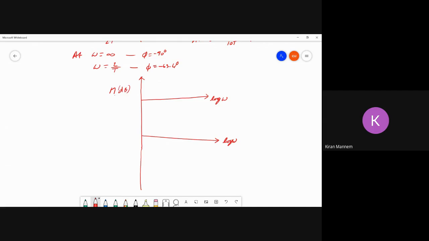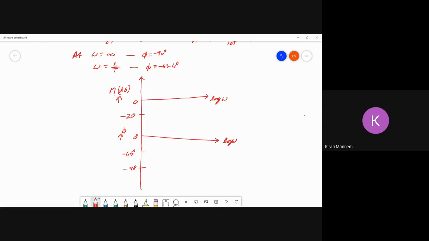Let me say it is minus 20 dB, since it is minus 20 dB per decade. And here I'll take 0 degrees, then minus 45 and minus 90 degrees, since we got minus 45 degrees and minus 90 degrees. So something like this, right?